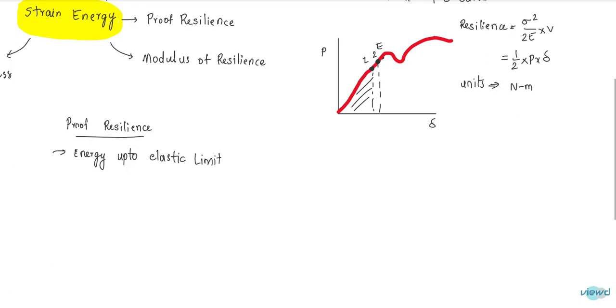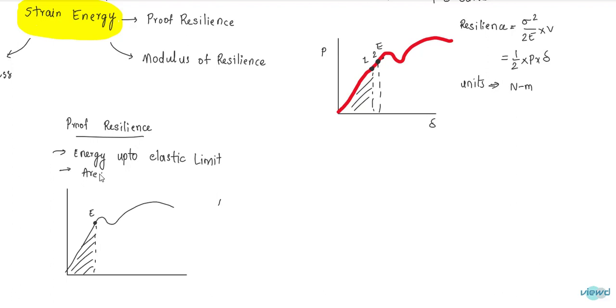That means the curve is like this. Here up to elastic limit means this is the elastic limit, the area under this curve, or energy absorbed up to this point, is the area under the P delta curve up to elastic limit.